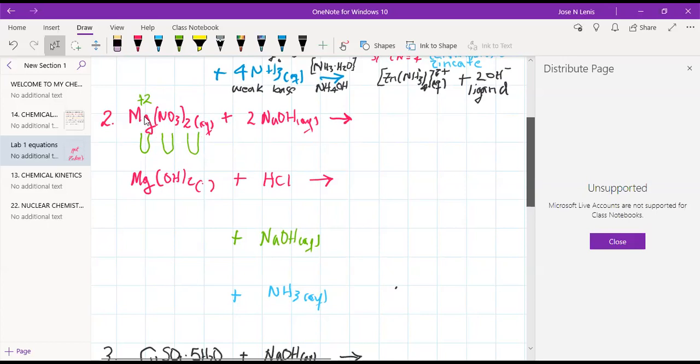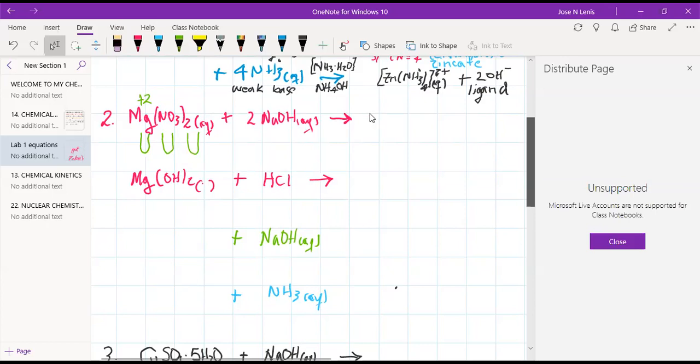Magnesium makes clear, colorless aqueous solutions when they are soluble like this. And to each of those, we added 1 or 2 drops of strong base.